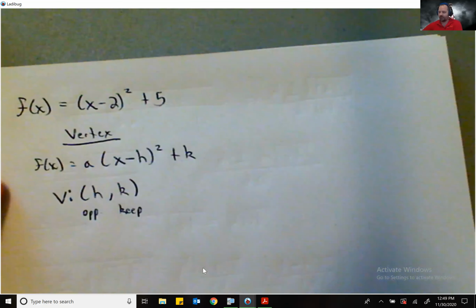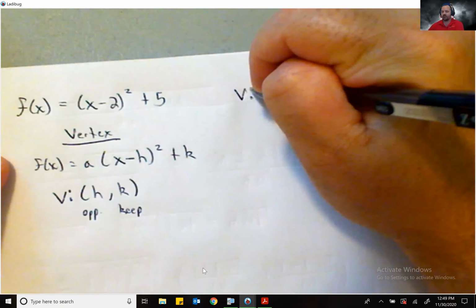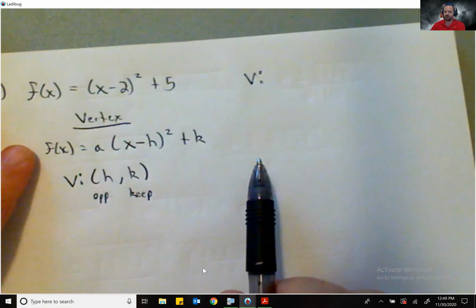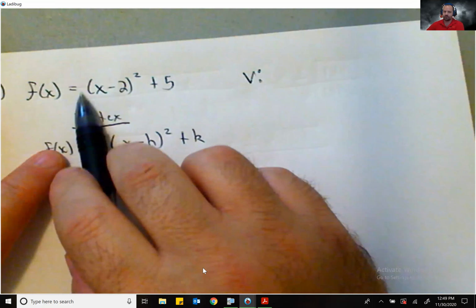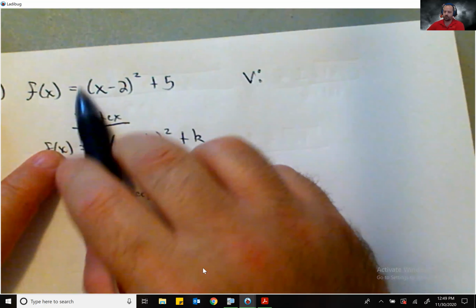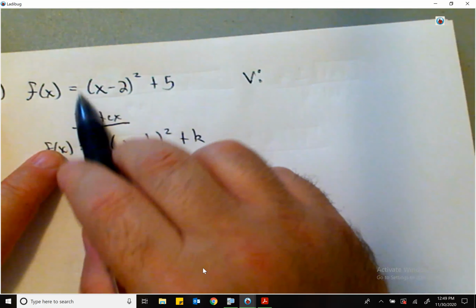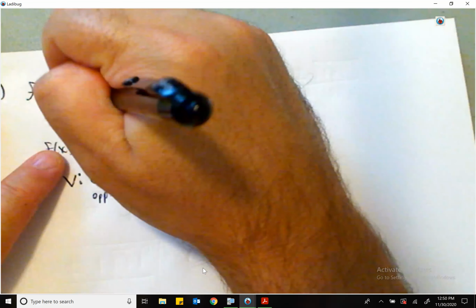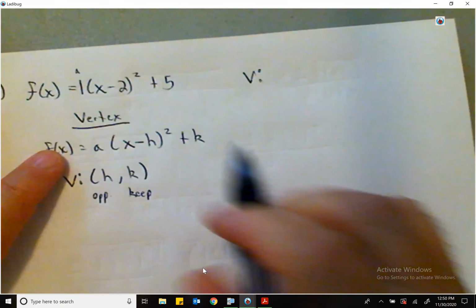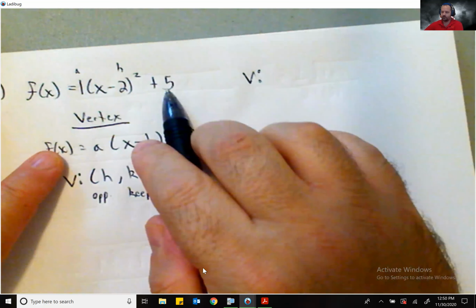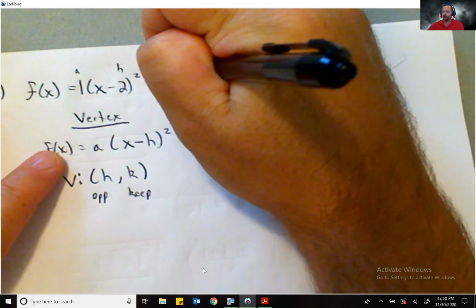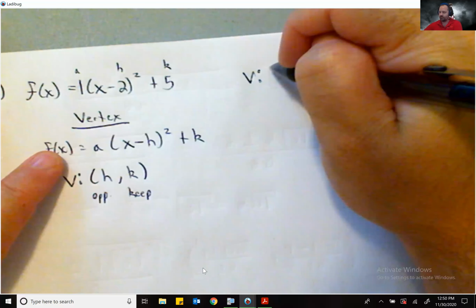So if we look up here, if I want to know the vertex of this, well, there is an a in front. What number is right here? 1. There's a 1 there. So that's our a. This is our h. This is our k. So what's the vertex going to be?